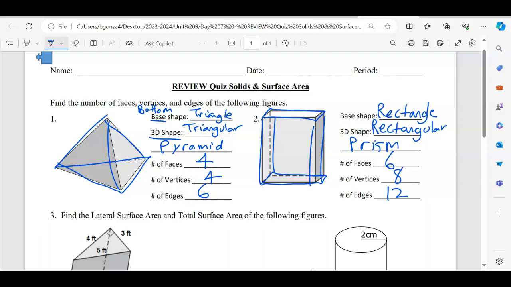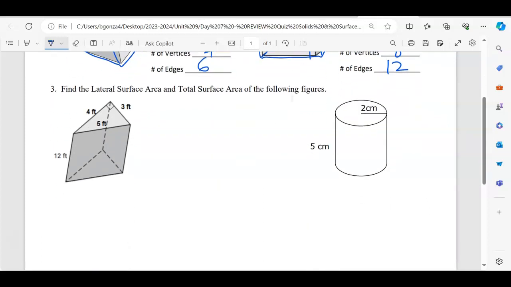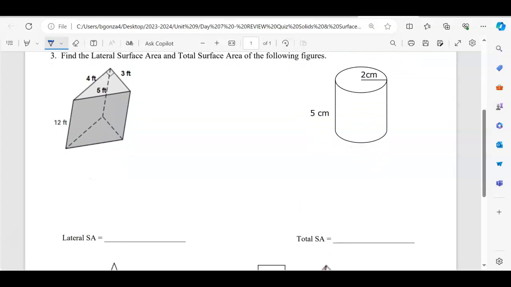Number 3. Okay, so we want to find the lateral surface area and the total surface area of the following figures. Okay. So it depends which one they're asking for. So let me copy paste what I need here. One second.